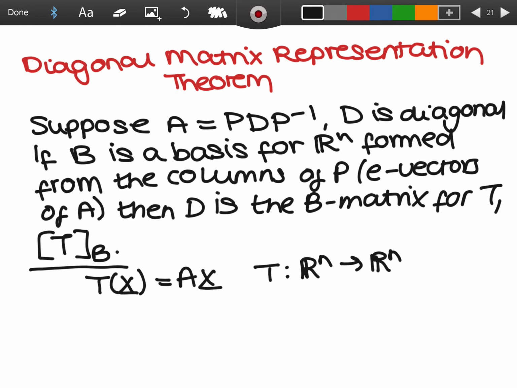What the B matrix for T is going to do is it's going to map the vector x that is in terms of the eigenvector basis B. So we're going to find the B coordinates of that vector x, so in terms of the basis of eigenvectors for Rn. And this matrix D is actually going to map it to the image of that vector, again in terms of that eigenvector basis. So it's going to give us the B coordinates of the image of x.